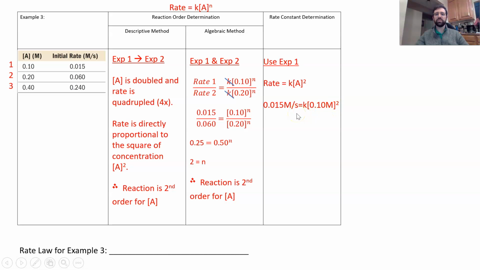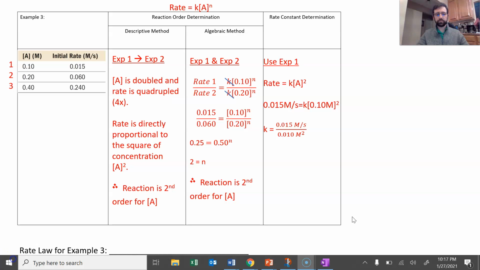Now I'm going to divide to solve for that. k equals 0.015 molar per second divided by 0.010 molar squared. And I got that 0.010 molar squared by squaring this number. 0.1 times 0.1 is 0.01.